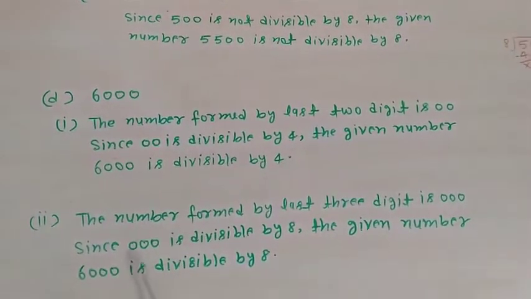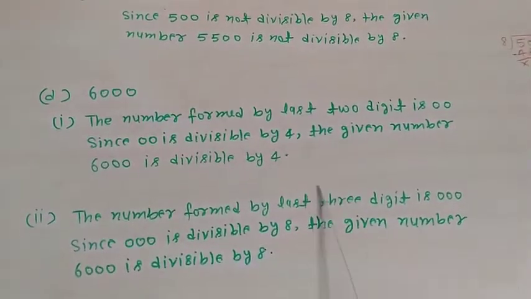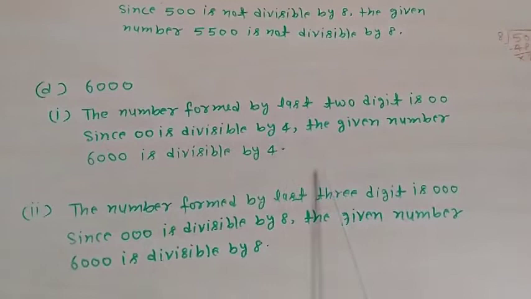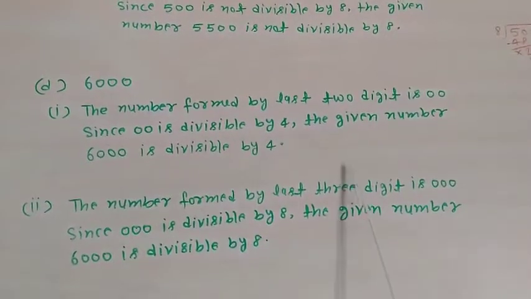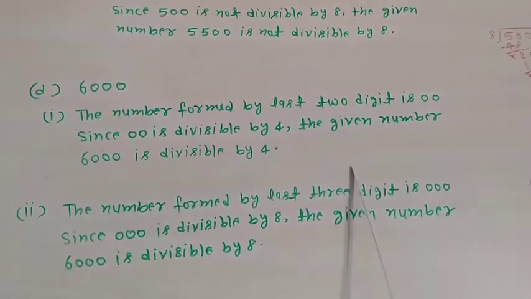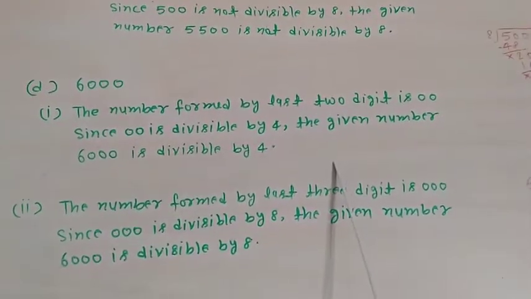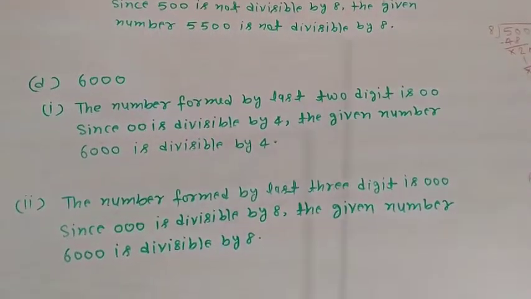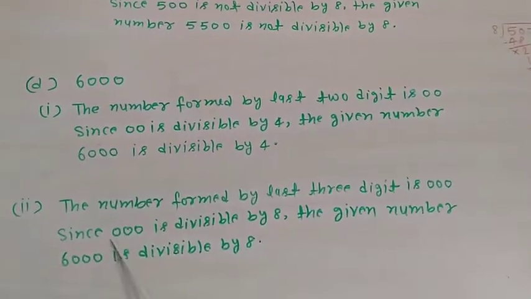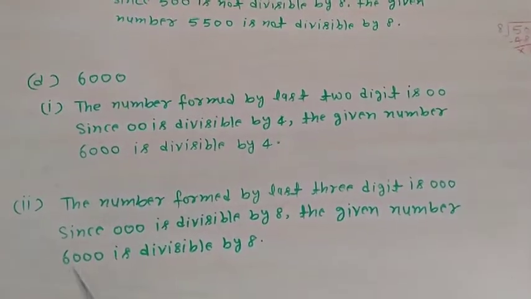If any number has 00 at the end, that number is divisible by 4. And here the last 3 digits are 000, so the number 6,000 is divisible by 8.